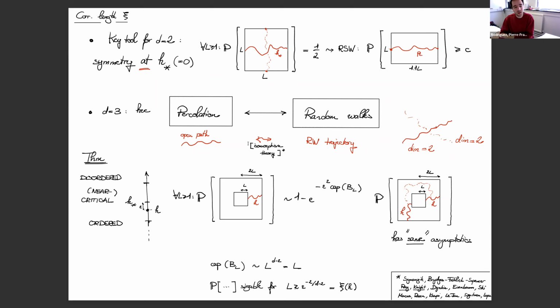There is a relatively involved story which goes under the name of isomorphism theory, by which basically you can, so this is not really true, but it's good enough for the purposes of this talk. What I want you to think of is open paths as being random walk trajectories, which then really become two-dimensional objects. And then this sort of intuition would be true.